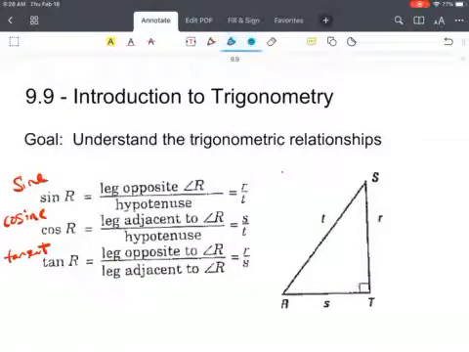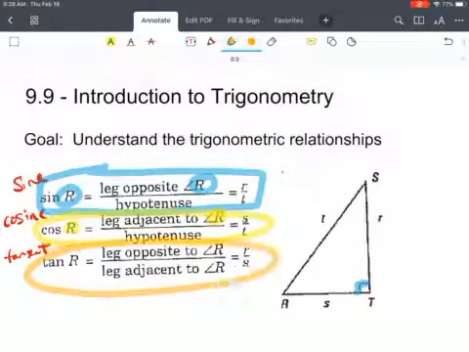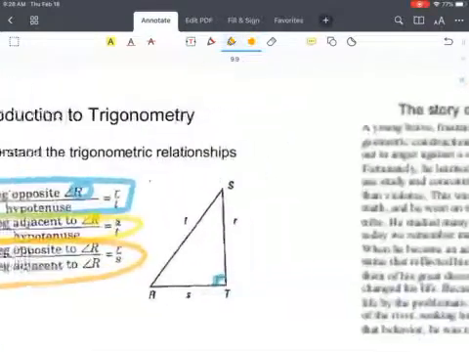You're going to need to remember the sine being equal to the leg opposite of whatever angle we are talking about over the hypotenuse side, so we have to be talking about right triangles in all of these cases. The cosine being equal to the leg adjacent to whatever angle we are talking about over the hypotenuse, and then the tangent being equal to the leg opposite divided by the leg adjacent.